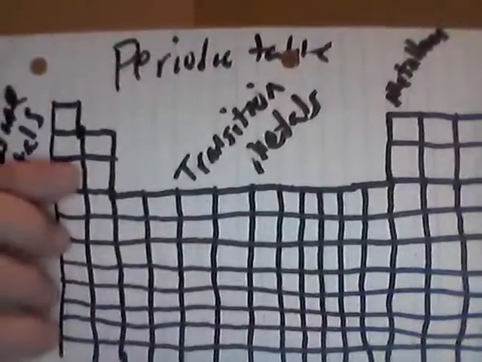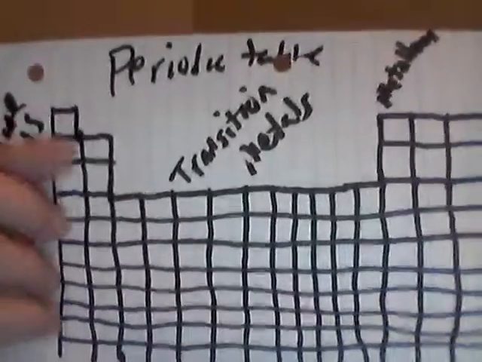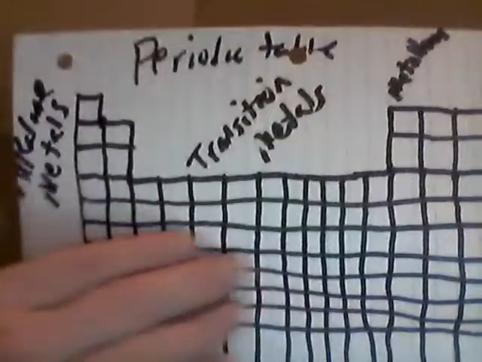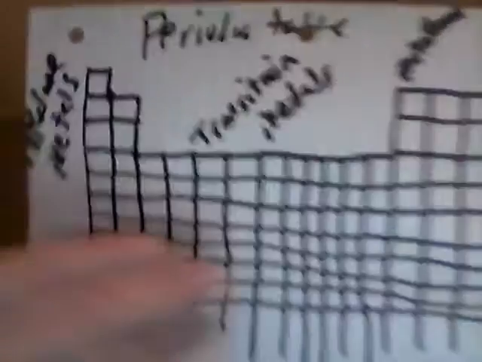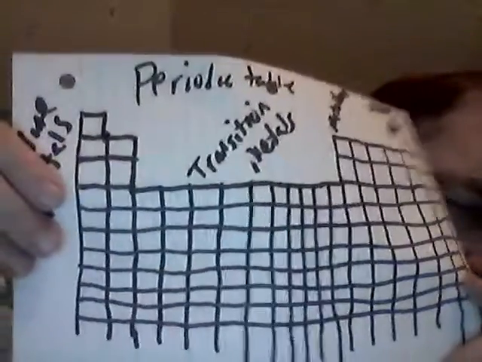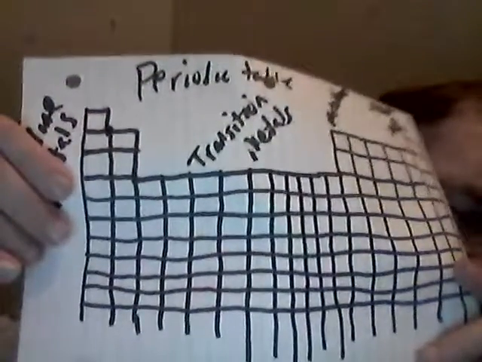And then, oh, no. Yeah, no. The alkali metals are here. Alkaline earth metals are here. And then these are transition metals right here. And then you get over toward the noble gases right here and the metalloids in this area. Okay? Hope I got that completely understandable. Again, I'm looking at what you're looking at. It's backwards for me. Transition metals are in the middle.